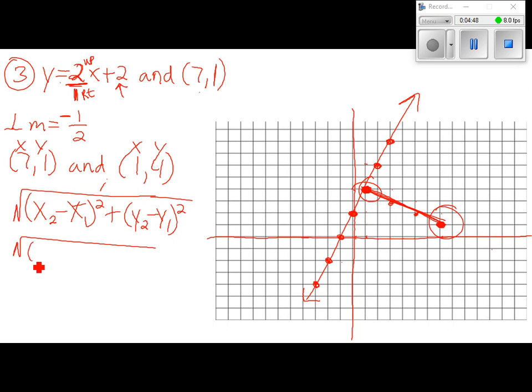So I got 7 minus 1 squared plus, and then our y's, I'm going to turn them around, 4 minus 1 squared. And grab your calculator, and remember you can punch all this into your calculator just like that.